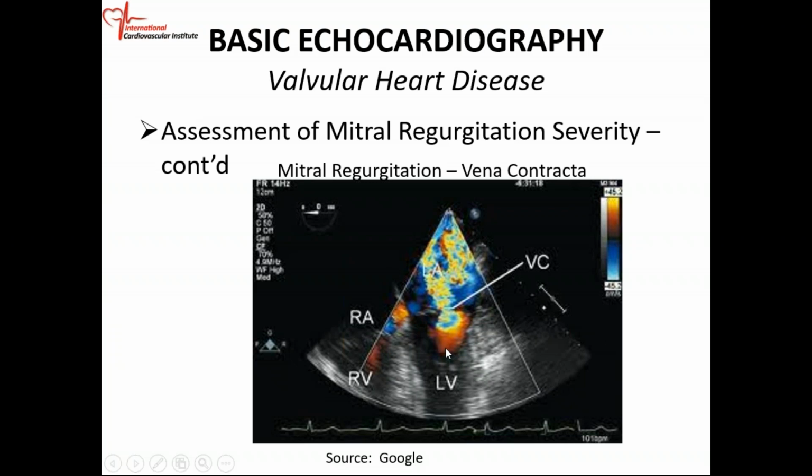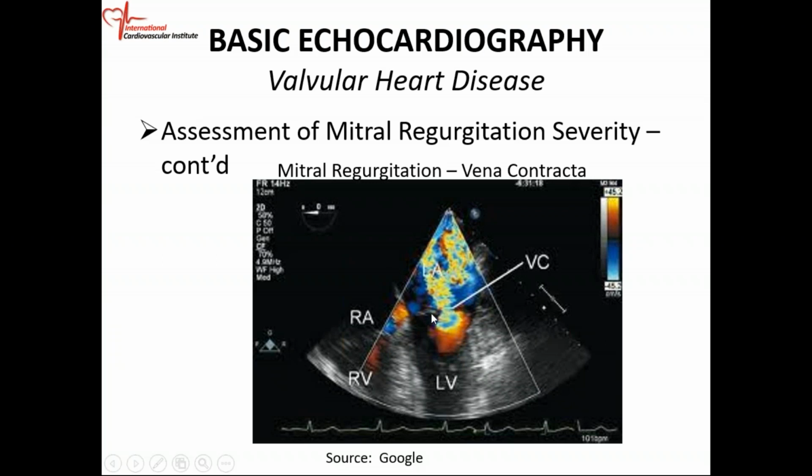So again, when you have, say, mitral regurgitation, this is the LV, left atrium is right there. The blood is regurgitating backwards, going from the LV into the left atrium. You're going to get a series of hemispheric shells on the opposite side of the valve.